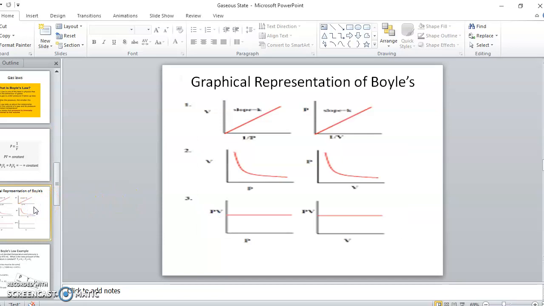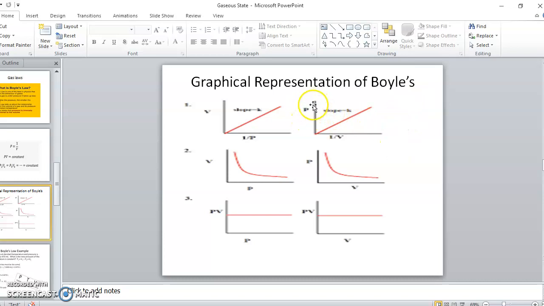Now we'll discuss the various methods for the graphical representation of Boyle's law. One is pressure against 1 by V. If you take the graph of pressure against 1 by V, it will be a straight line graph because this is of the form P = K into 1 by V, that is of the form Y = Mx.